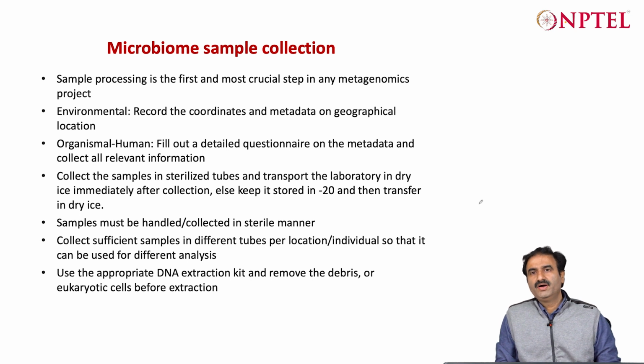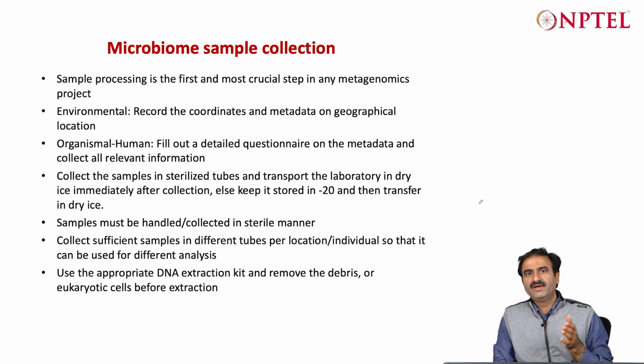Okay, now that we have looked at the microbiome and some glimpses of the studies that are done environmentally or organismally, how do we collect the sample? The first step is to identify what kind of sample you are collecting. It could be environmental or organismal. You have to collect all the metadata, like whether you are collecting a sample from a healthy individual or a patient.